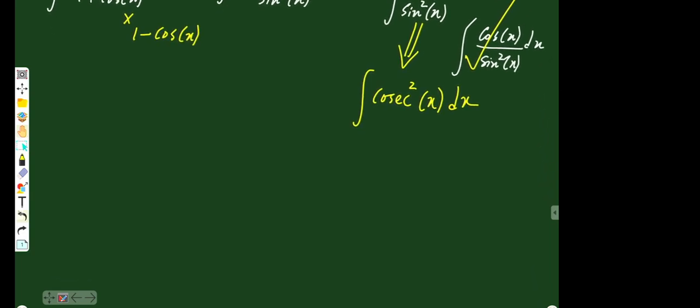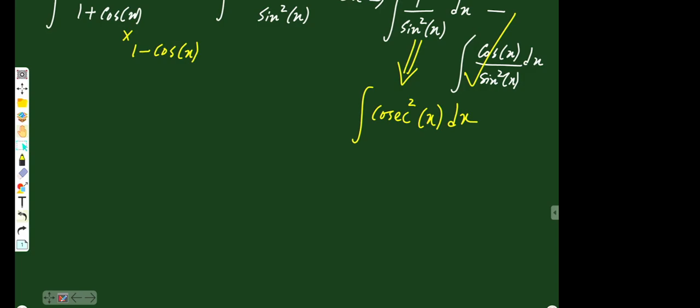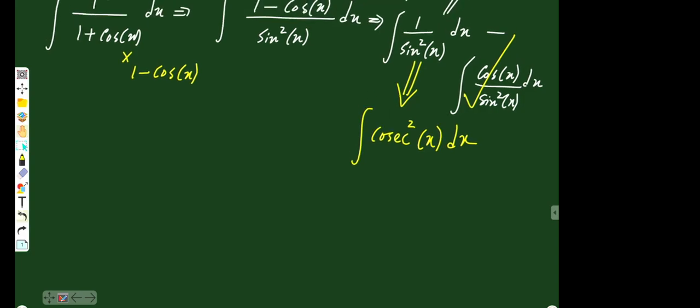Then if you extend that knowledge into here furthermore, you know this identity, right? Cosec squared x is equal to 1 plus cot squared x. You know that.